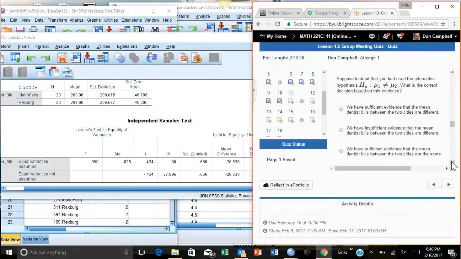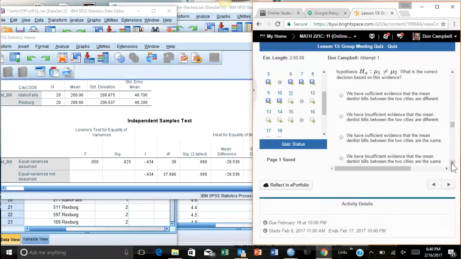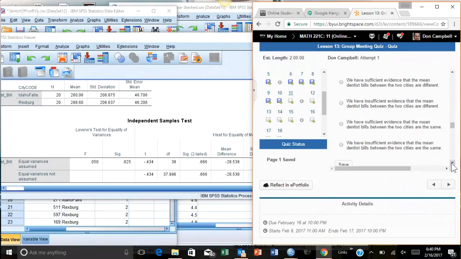Okay, if you use the alternative, then you have to take this 0.666 and cut it in half. But it's still higher than the level of significance. So you come up with an answer and let me know when you're ready.